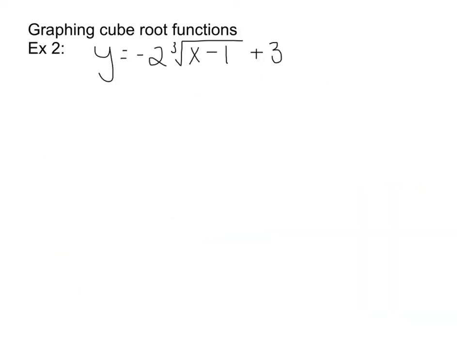Our next example is y equals -2 times the cube root of x minus 1, plus 3. The -2 is a vertical stretch, and it's going to make it reflect over your x-axis. The -1 is going to move your graph to the right 1, and the plus 3 at the end is going to move your graph up 3.